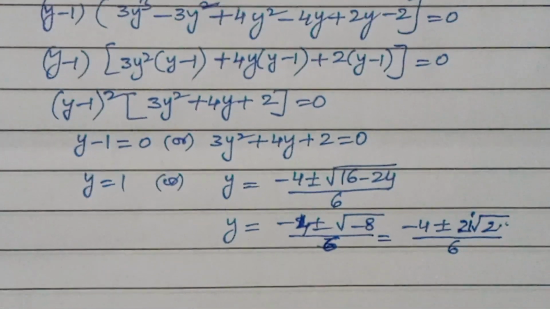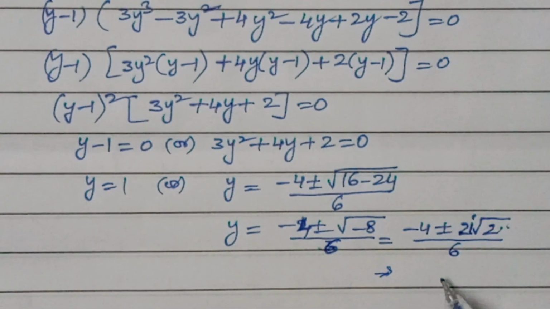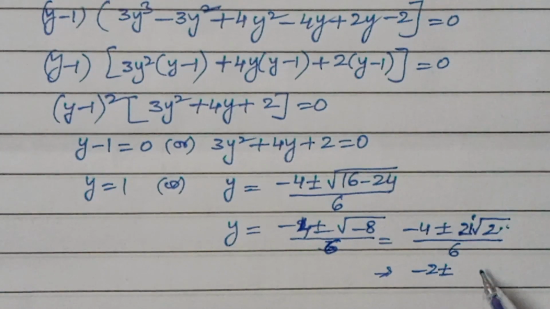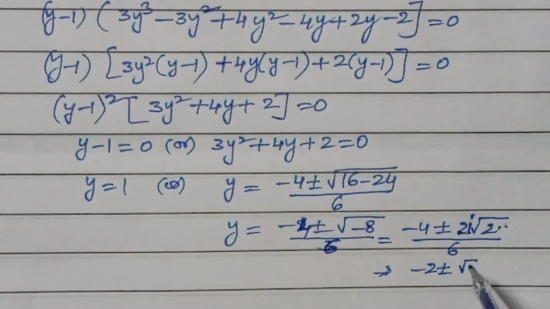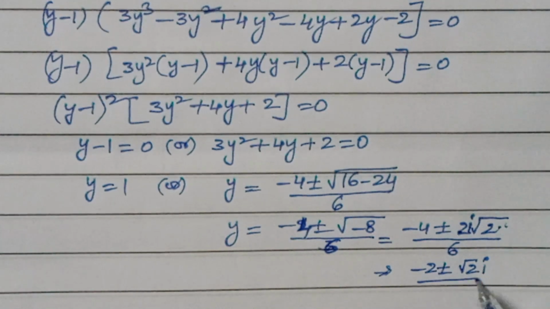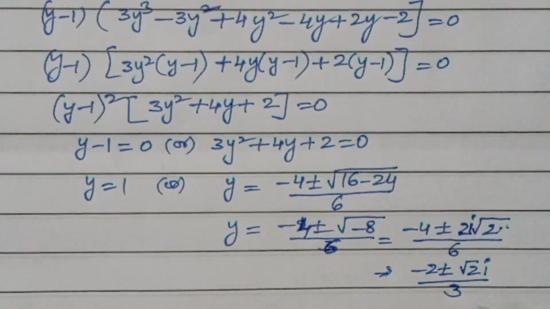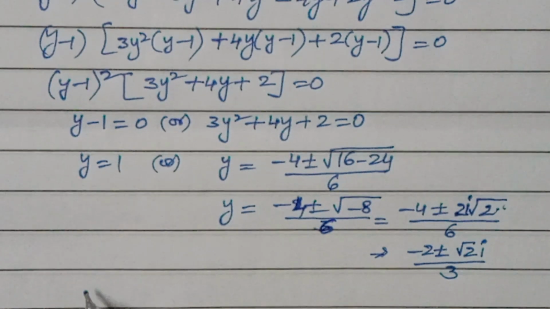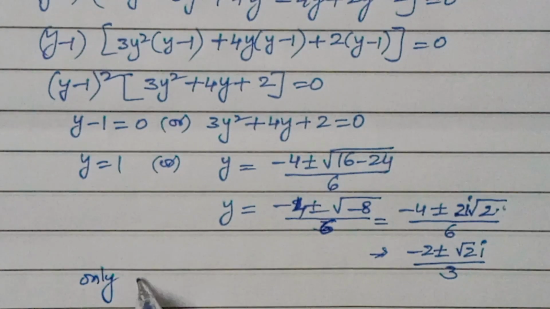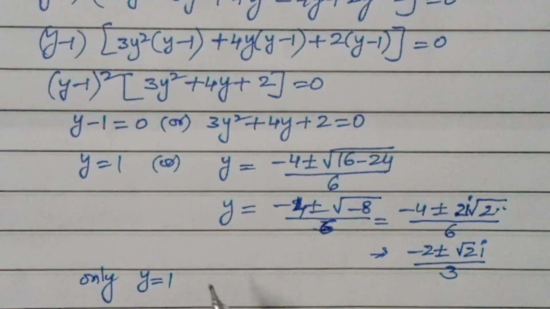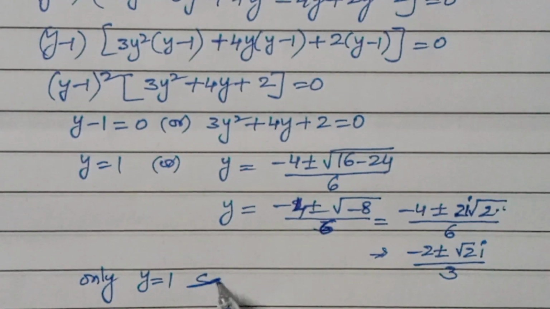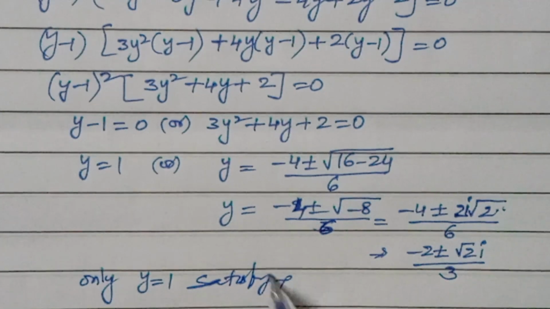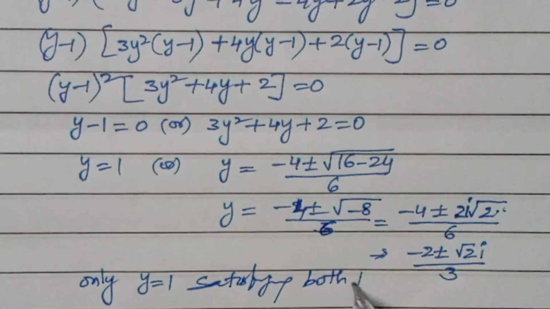So here you can write it as minus 2 plus or minus root 2i by 3. So it is imaginary. So if you substitute the values, only y is equal to 1 satisfies both the equations.